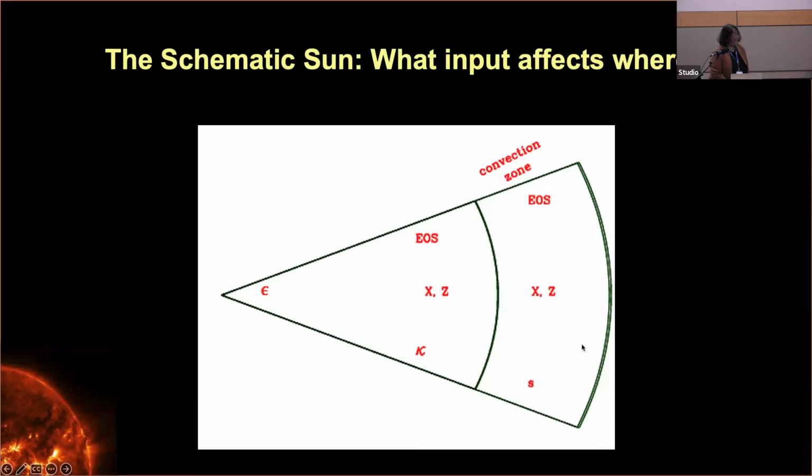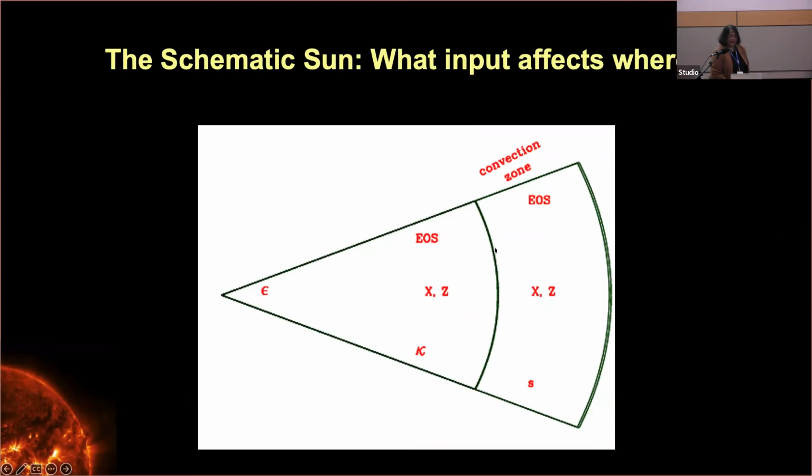It's basically isentropic because it's a convection zone. The specific entropy does depend on the metallicity, the hydrogen, and the heavy element abundance. Particularly this interface between the radiative and convective zones, that depends on Z.